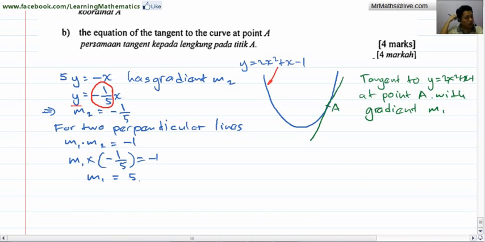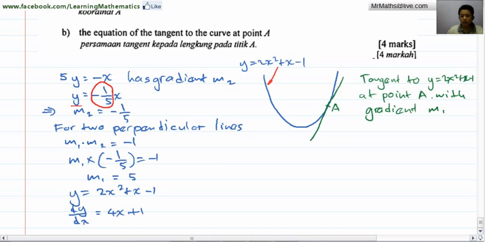So now we can find the gradient of the curve at A, which is already 5, but we need to find the general term of the gradient. So let's take the curve and differentiate it. y is 2x squared plus x minus 1. Then dy over dx, this is the general term, is the equation of the gradient of the curve.